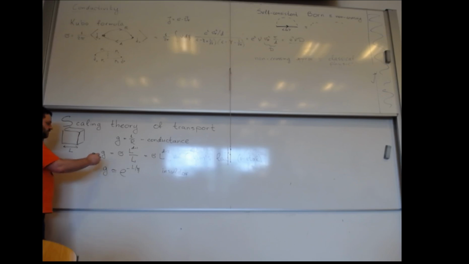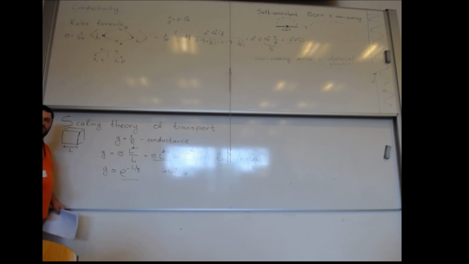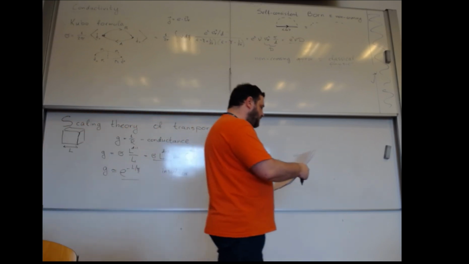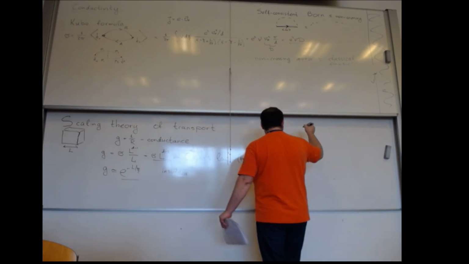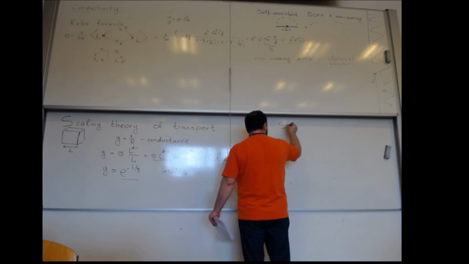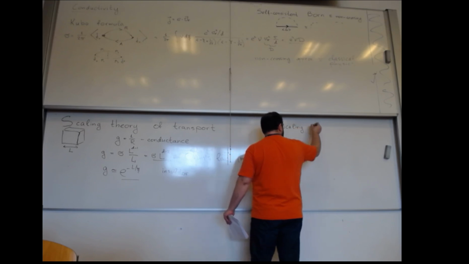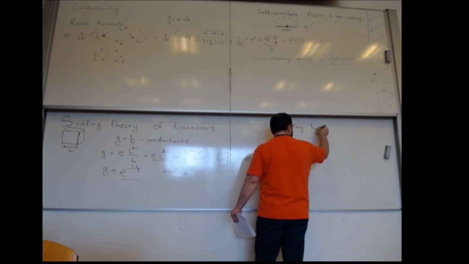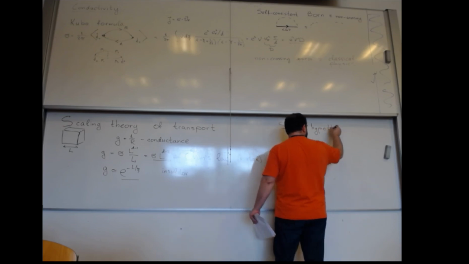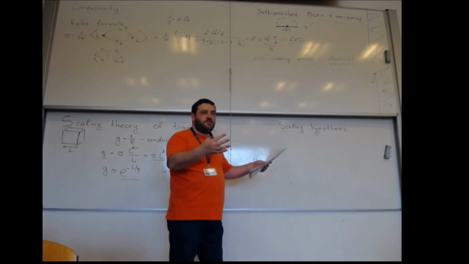So there are two alternative formulas, one for metal, the other one for an insulator. And then there is a very big step which is called the scaling hypothesis. This is not a theory, it's a hypothesis.